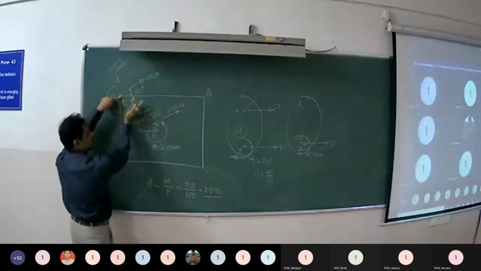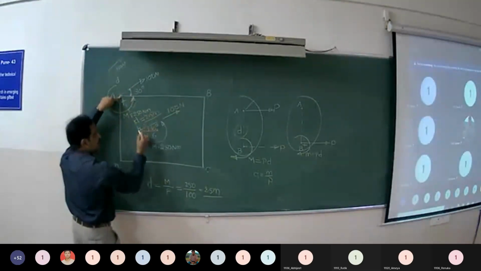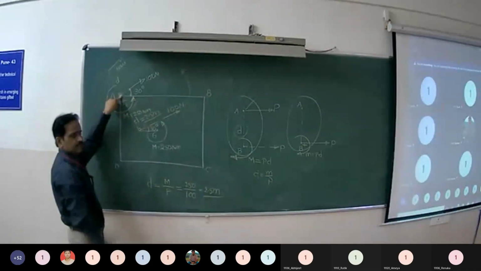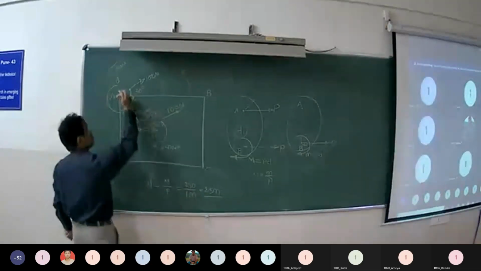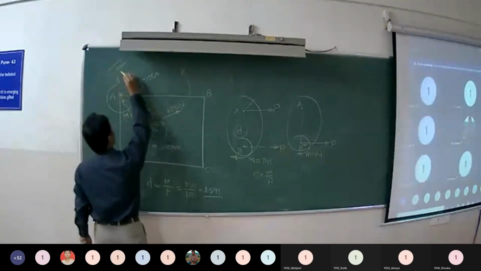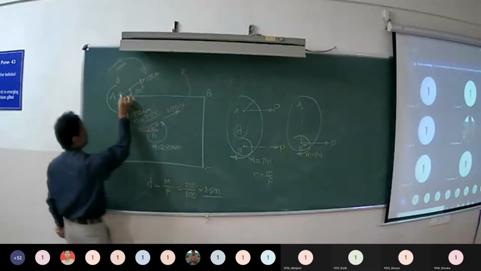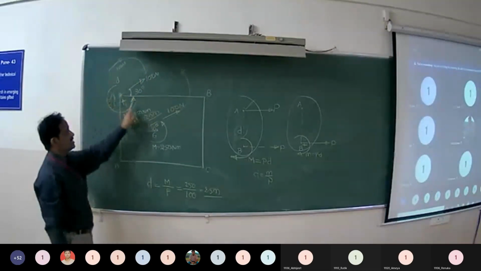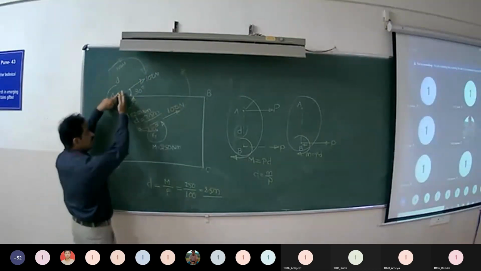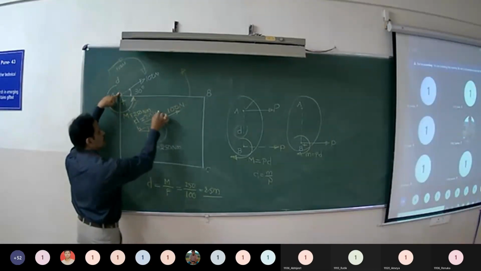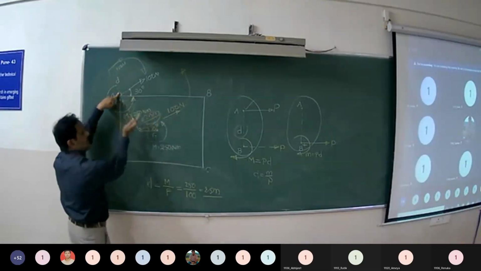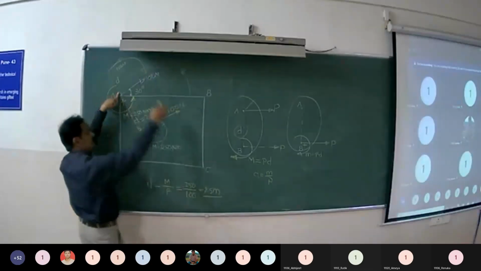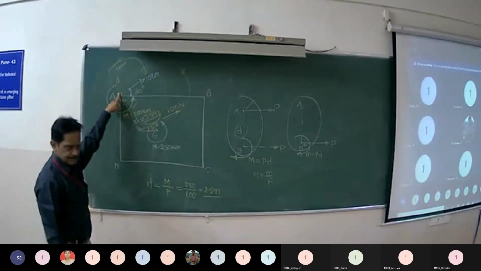So, if the 100 Newton is transferred to the lower side, then only it can create an anti-clockwise couple about point A. Suppose you assume that it is transferred on the upper side, that force will create a clockwise couple at point A. Are you getting my point? So you have to see the sense of the couple also. So it is transferred parallelly by distance 2.5 meters on the lower side, so that it can have the effect of anti-clockwise sense.